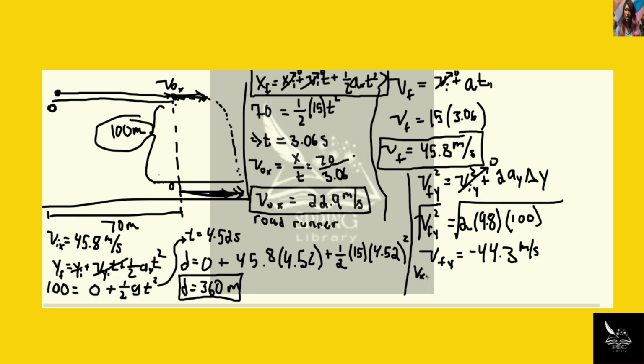It's velocity in the x direction, final, and that equals v x initial plus acceleration in the x direction times time. Normally this would stay the same for a problem like this, but it's a little bit different in this case because we do have that acceleration while we're actually in flight.